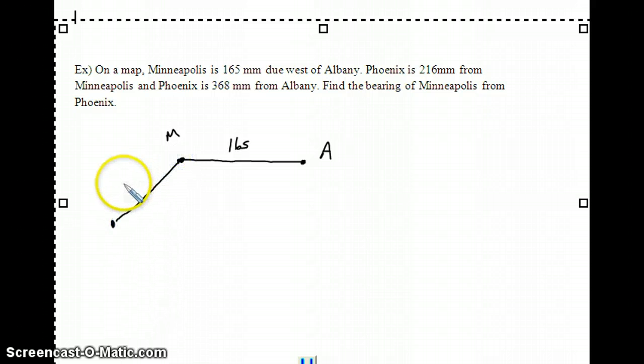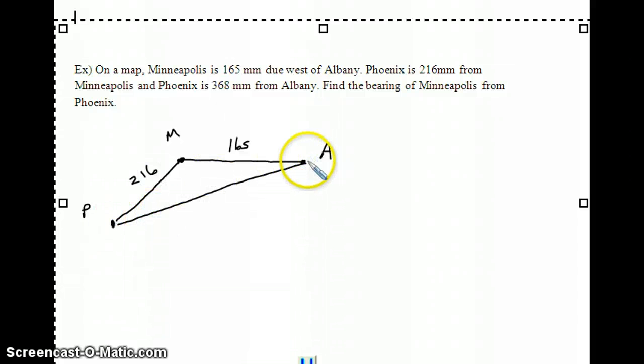That distance is 216, and the distance between Phoenix and Albany is 368.